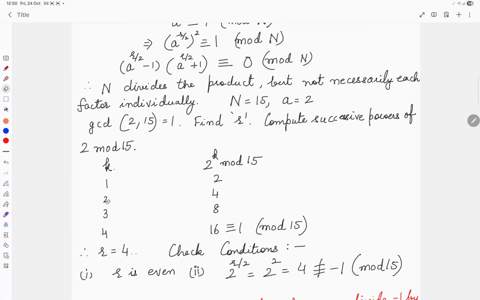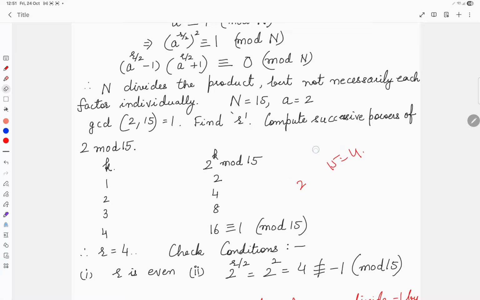For k equal to 2, it is 4, right? 2 to the power 1 mod 15 is 2. 2 to the power 2 mod 15 is 4.